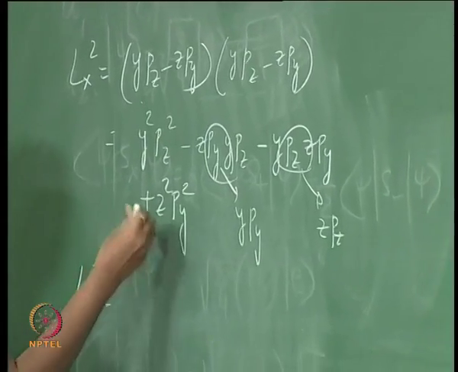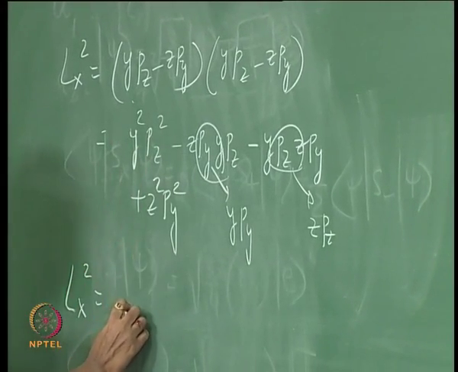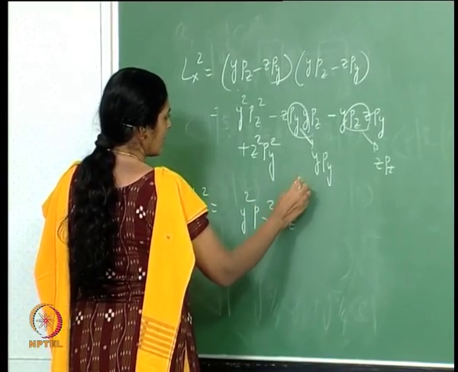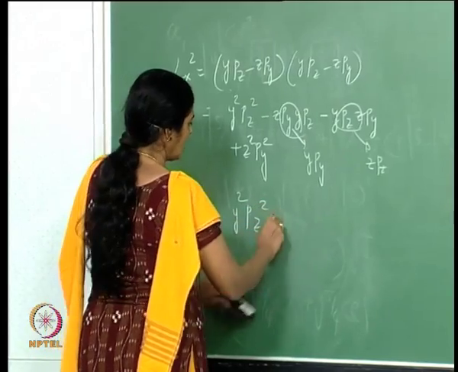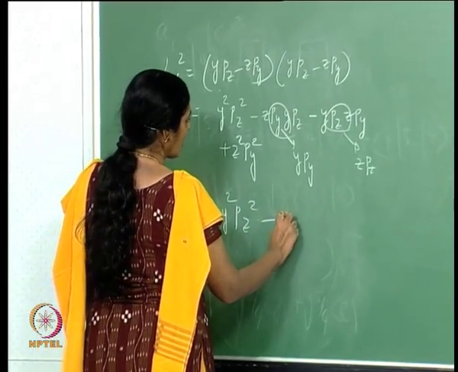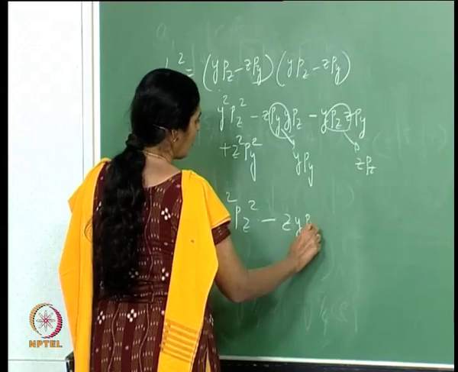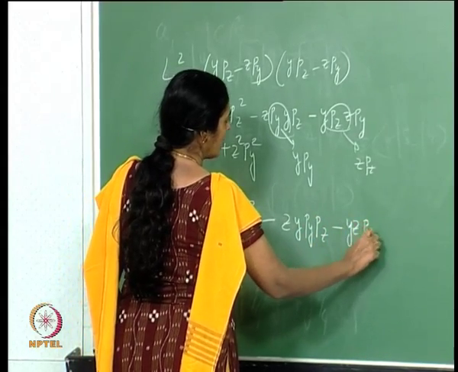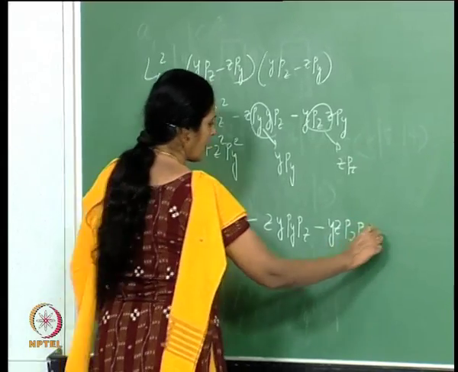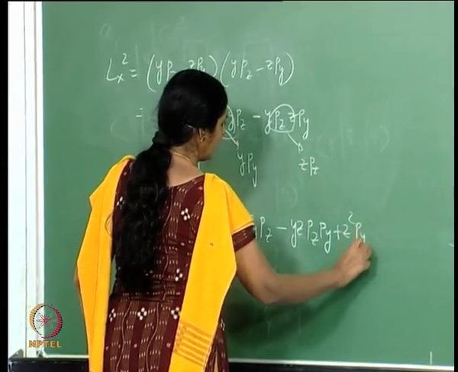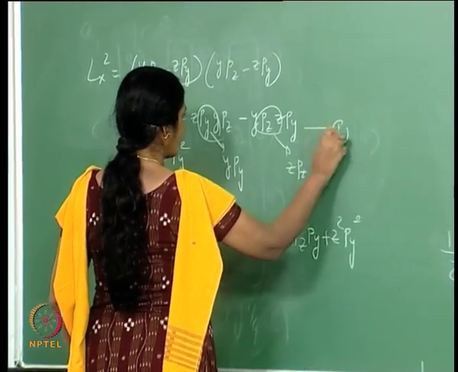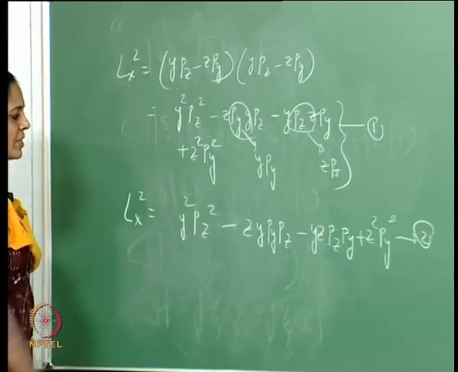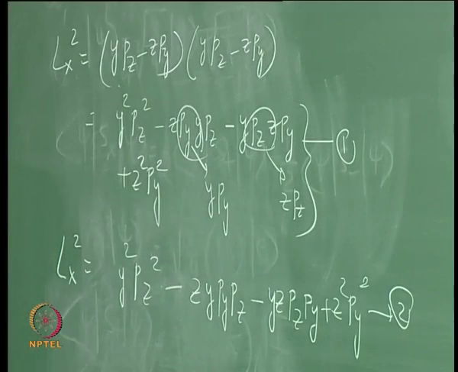I cannot, for instance, write this as y squared pz squared minus zy py pz minus yz pz py plus z squared py squared. This is one way of writing it, and this is the second way of writing it. They are equivalent as far as classical mechanics is concerned.